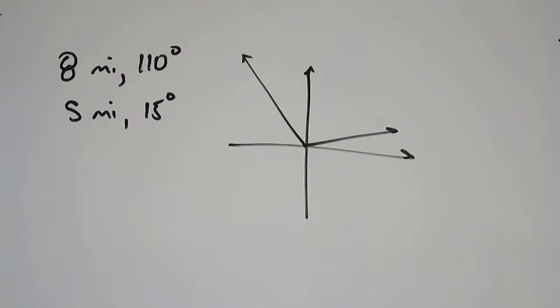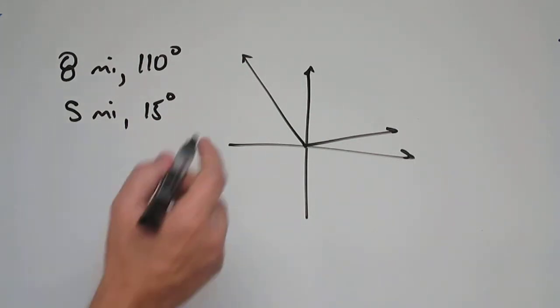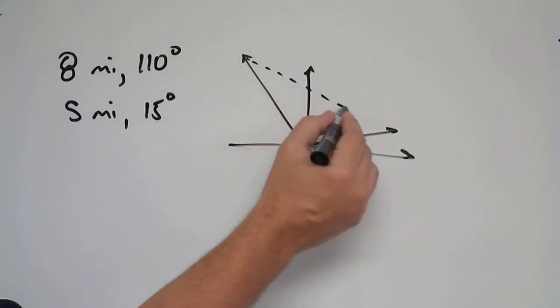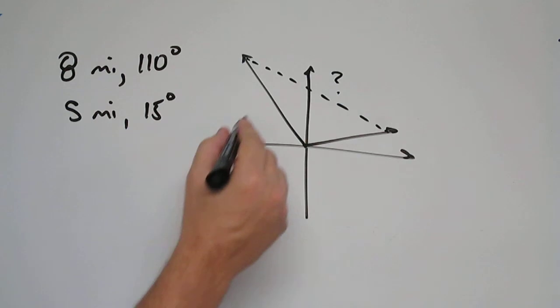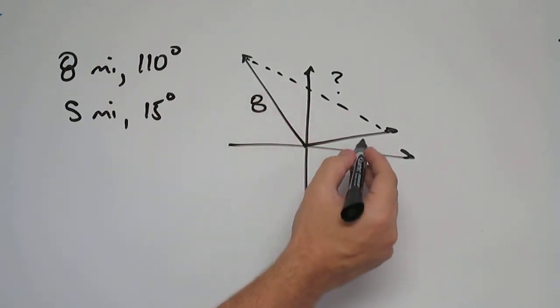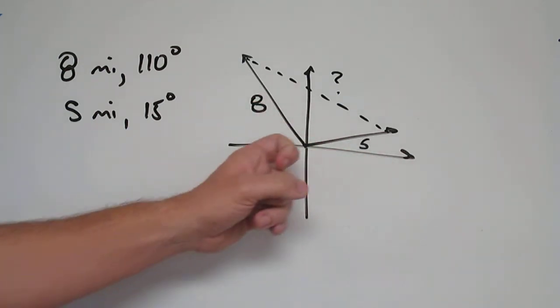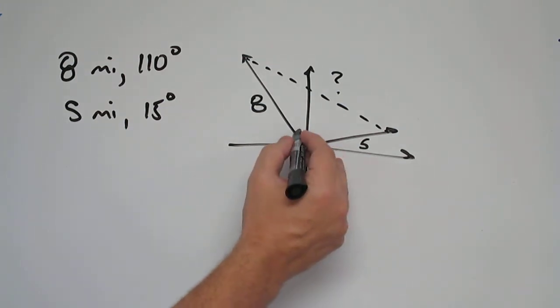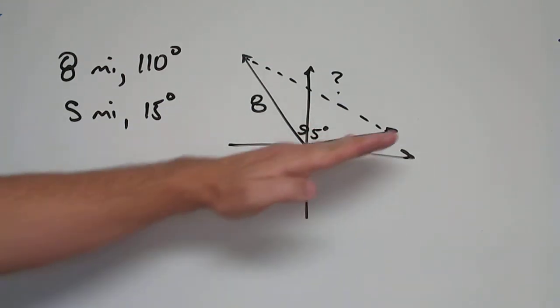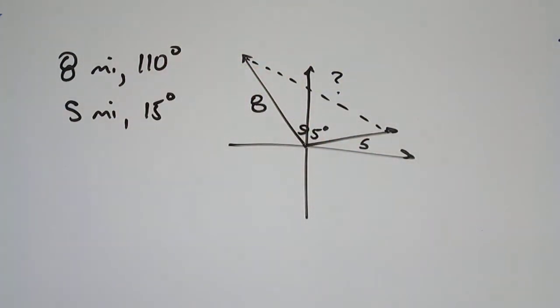What's nice is this is a good application of the law of cosines, because I'm looking for this third side, and I know this side is 8, this side is 5, and the angle in between them is 95 degrees, because from 15 to 110.